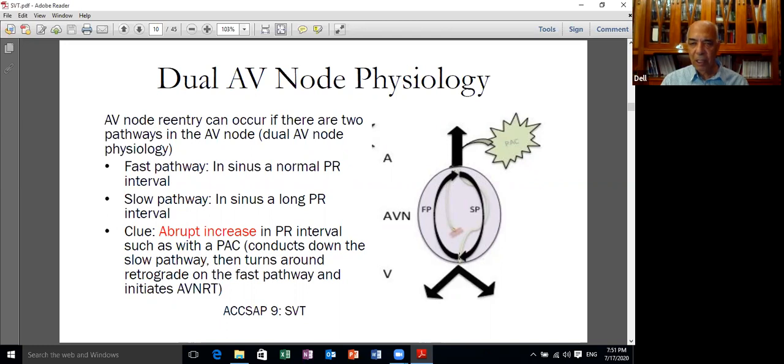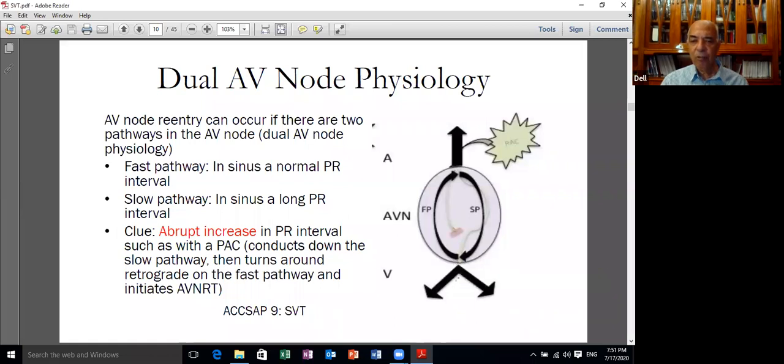Imagine that this point is a fulcrum. The impulse coming from the slow pathway will reach this fulcrum, and then there is a race between the backward conduction through the fast pathway to activate the atrium and the forward conduction through the ventricle to produce the QRS. So sometimes the P wave appears immediately after the QRS, and sometimes immediately before the QRS.